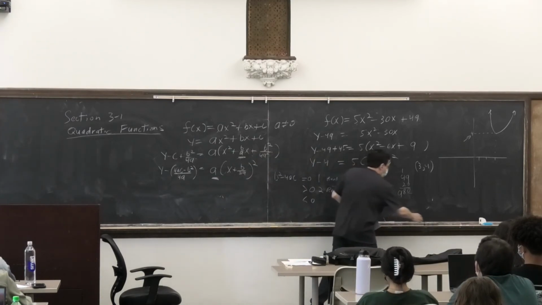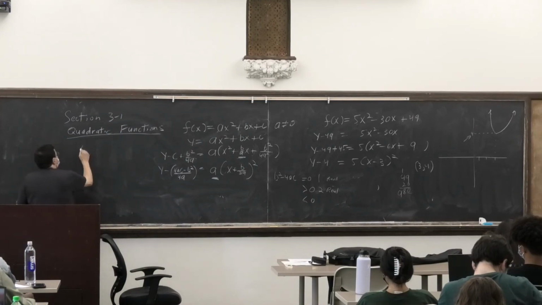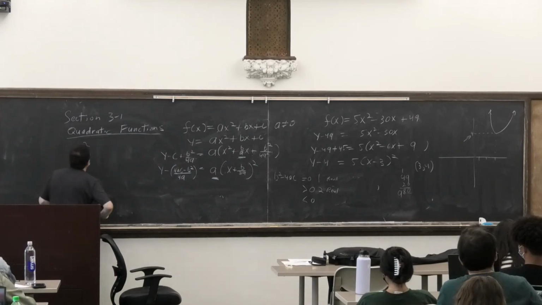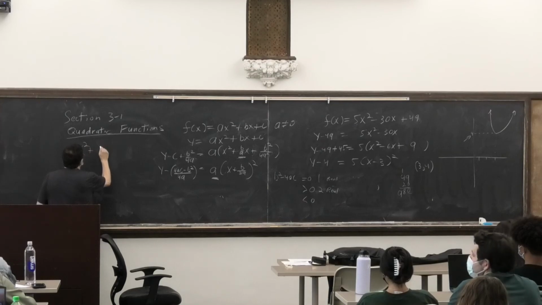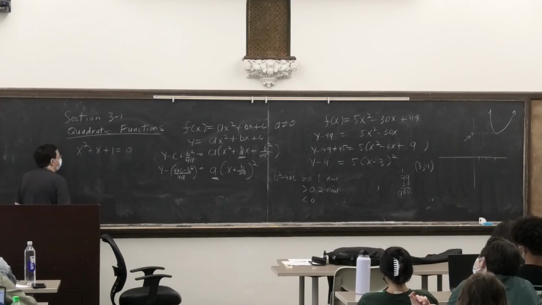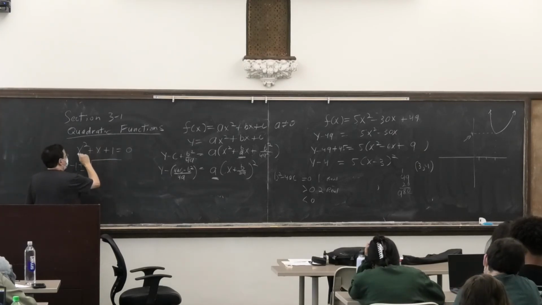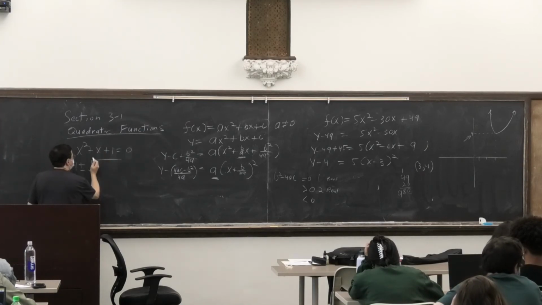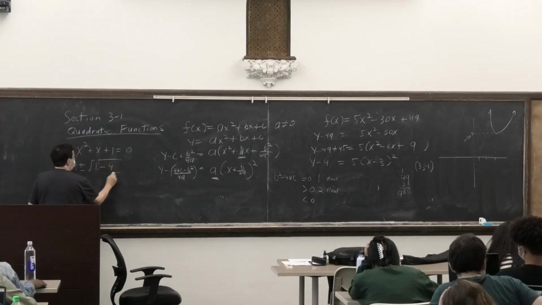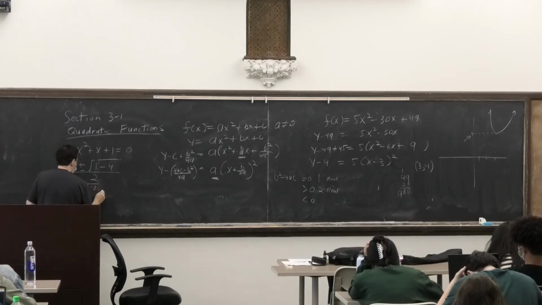Okay, let's do a simple example. Negative 1 plus or minus the square root of b squared minus 4ac over 2, plus or minus square root of minus 3 over 2.